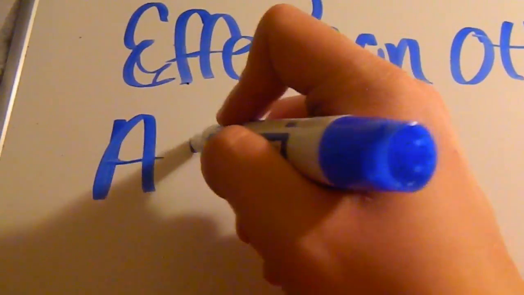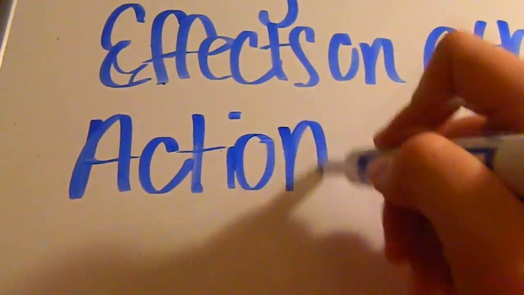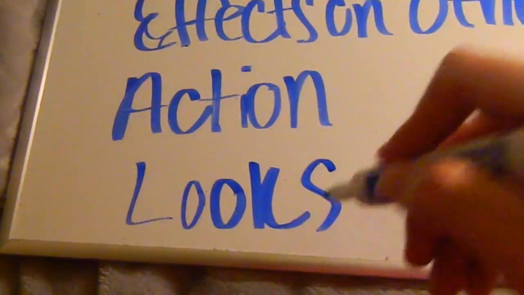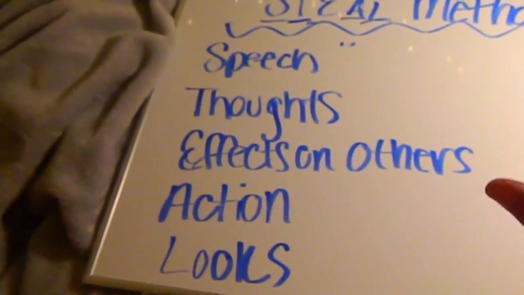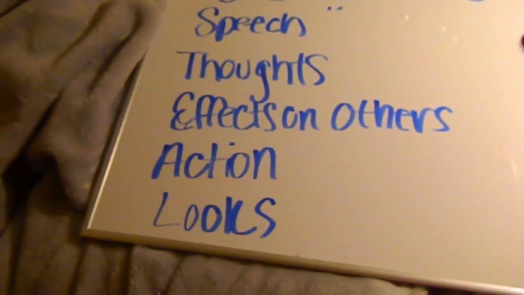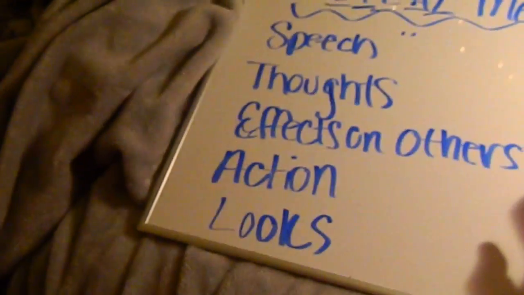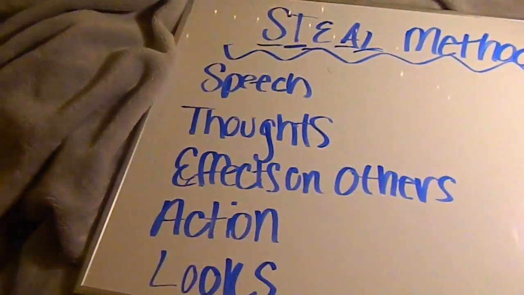A, actions. L, looks. And as you can see, these are all things, when you put them together, it creates a more stable character, and it creates better characters that people will actually want to read.